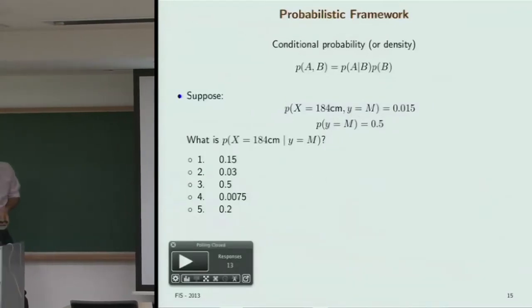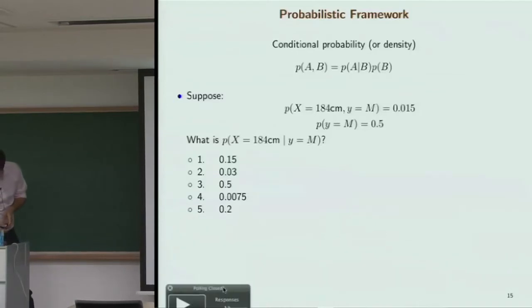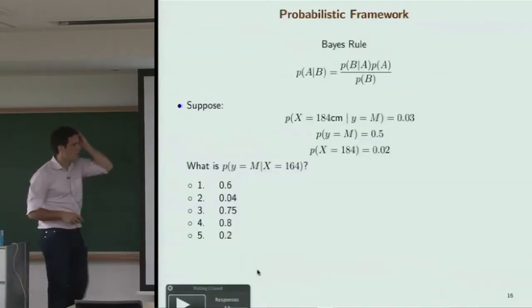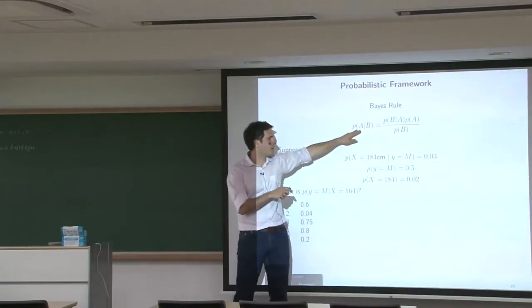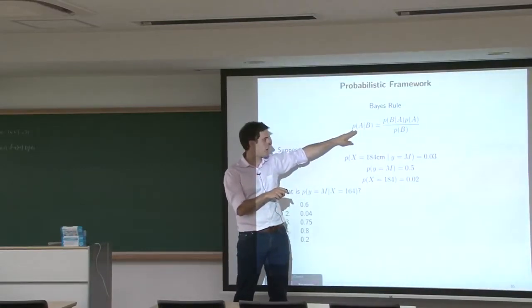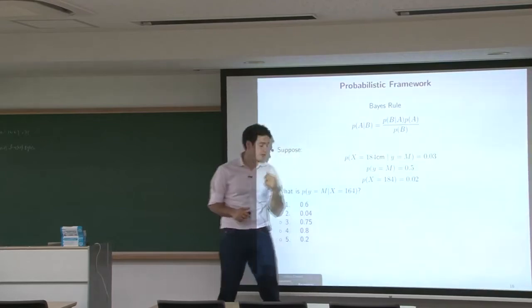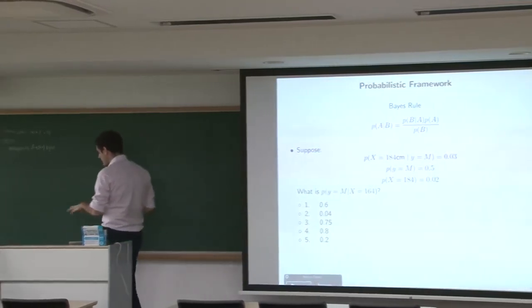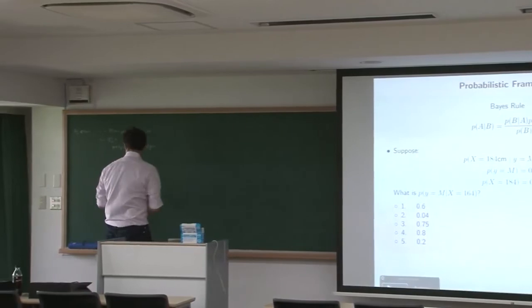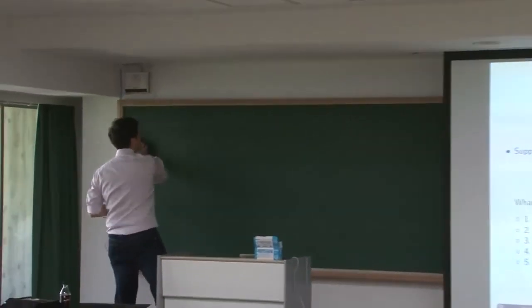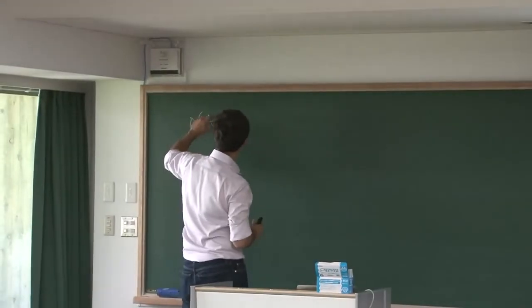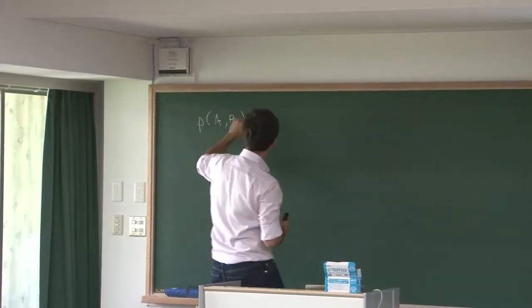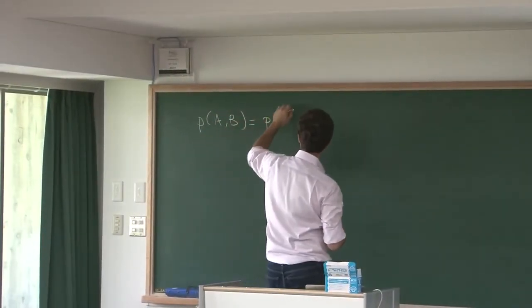Now, again, this will be a very quick check. Bayes' rule: the probability of A knowing B is equal to the probability of B knowing A times probability of A divided by probability of B. If you forget Bayes' rule, it's trivial to remember. You just rewrite what I just wrote in both possible directions.